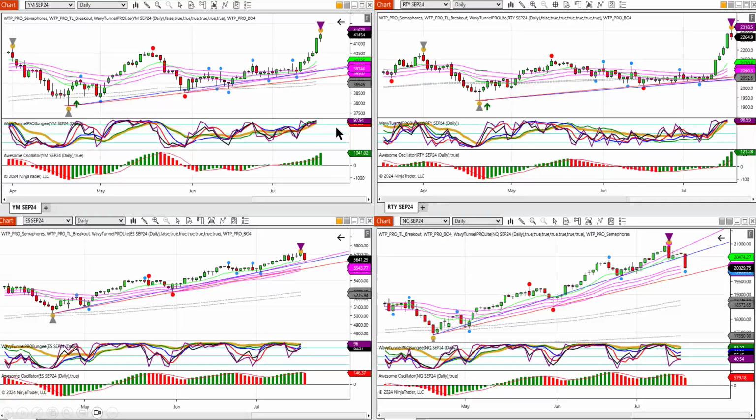Okay, and I'm going to show you what they look like. On the YM daily, we got the purple arrow. We got the purple arrow on RTY, on the ES and on NASDAQ. Now, NASDAQ sold off first. Remember that when NASDAQ was selling off and the other markets were still rallying, the YM was still rallying.